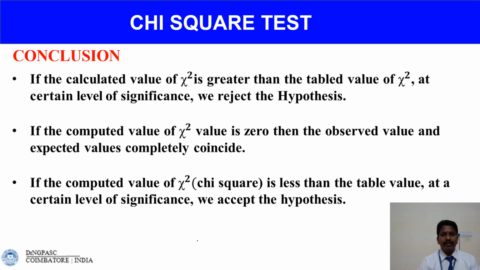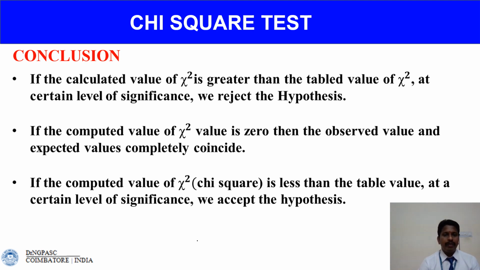It means if observed frequency and expected frequency are equal, then the chi-square value must be 0. Last, if the computed value of chi-square is less than the table value at a certain level of significance, we accept the hypothesis.